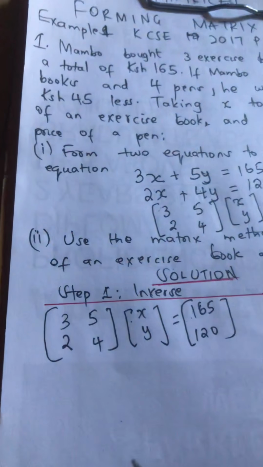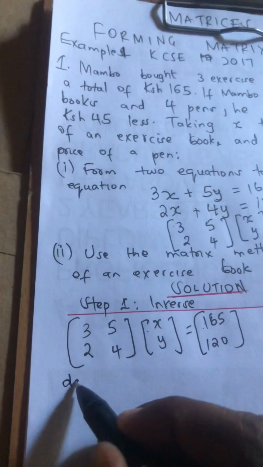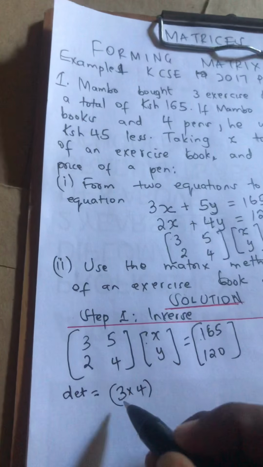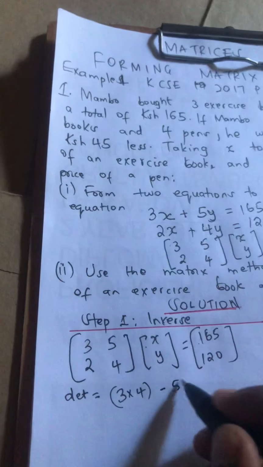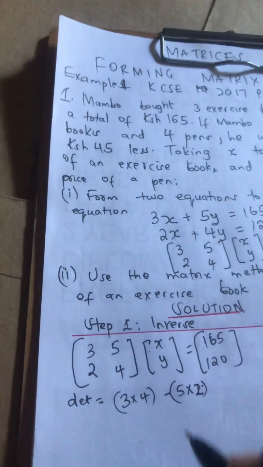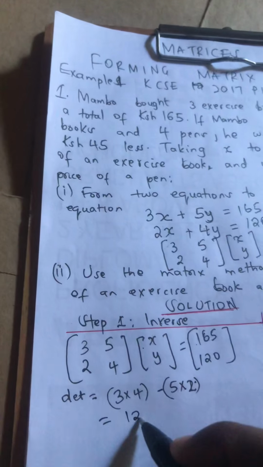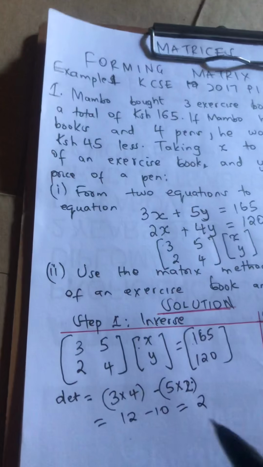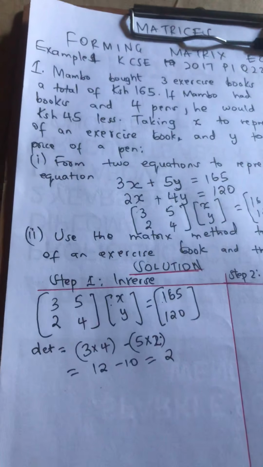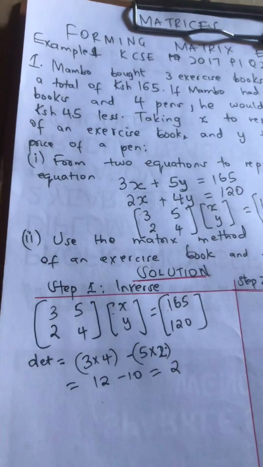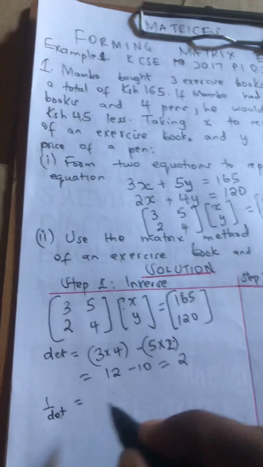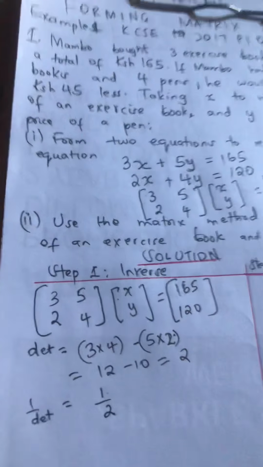Then we calculate the determinant, which will be 3 times 4, the leading diagonal, minus 5 times 2. So our determinant is 12 minus 10, which is 2. I taught all this in the previous episodes. The next step is to find 1 over the determinant, which will be 1 over 2.